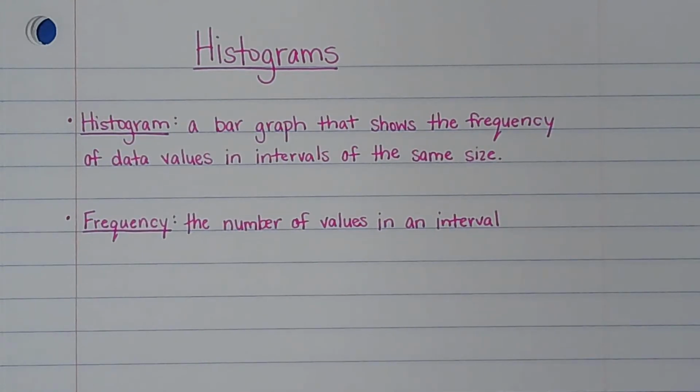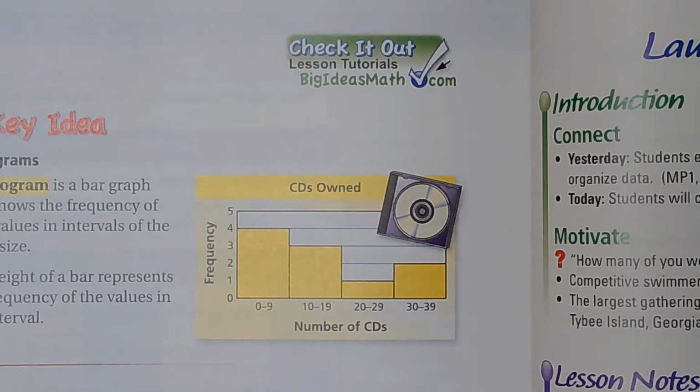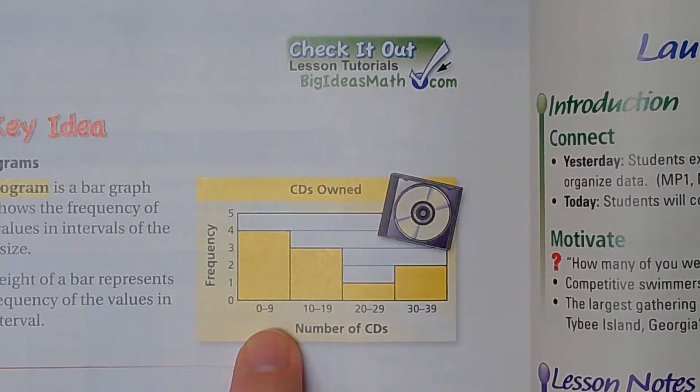So what's different about a histogram is at the bottom, you have things called intervals. So for example, I'll show you. Here's an example of a histogram, all right? So here's what I'm talking about. At the bottom, you have kind of a range of numbers that you can have.